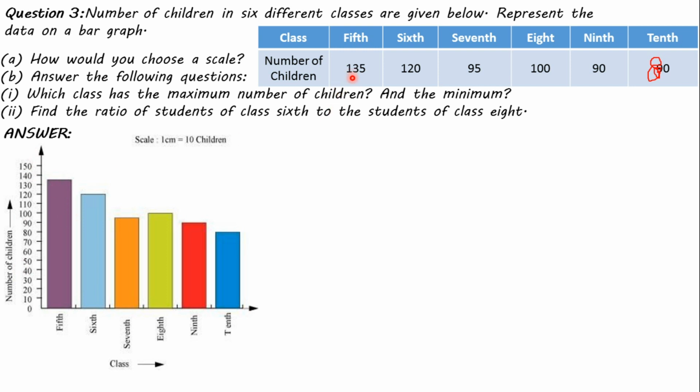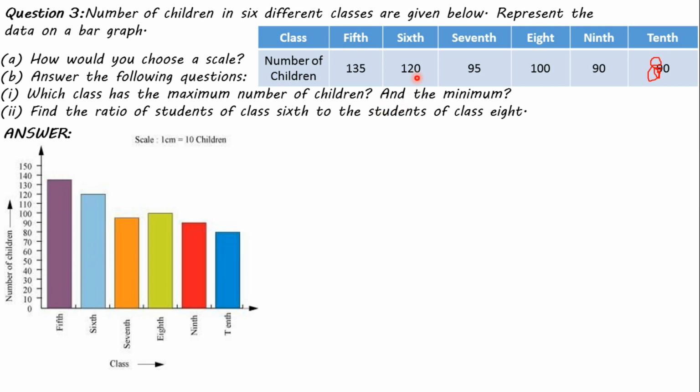Now for representing 135, definitely you have to represent the data between 130 and 140. Why? 135 is greater than 130 and lesser than 140, so it lies between 130 and 140. The line which I have also shown you on the graph paper, on that you have to represent it.